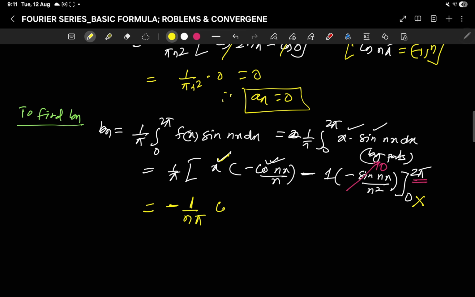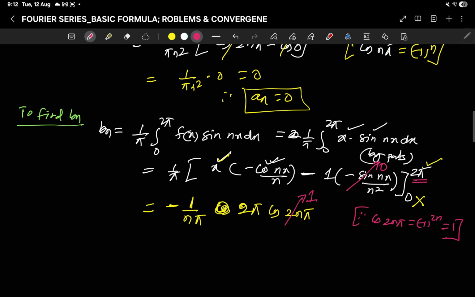Putting x is equal to 2 pi, it is 2 pi cos 2n pi. Now the value of cos 2n pi is 1, right? Cos 2n pi is minus 1 to the power 2n, which is 1.